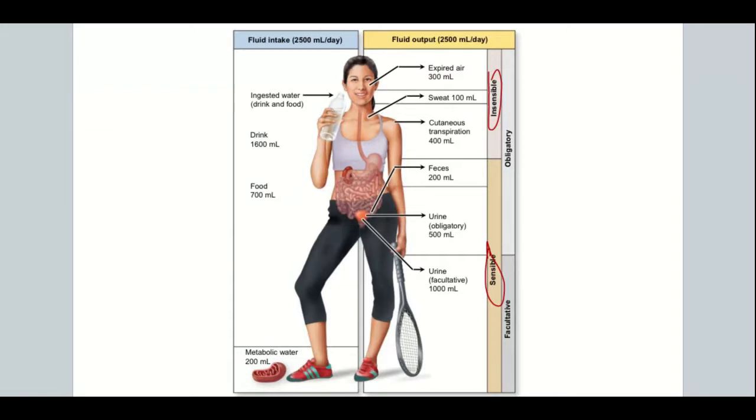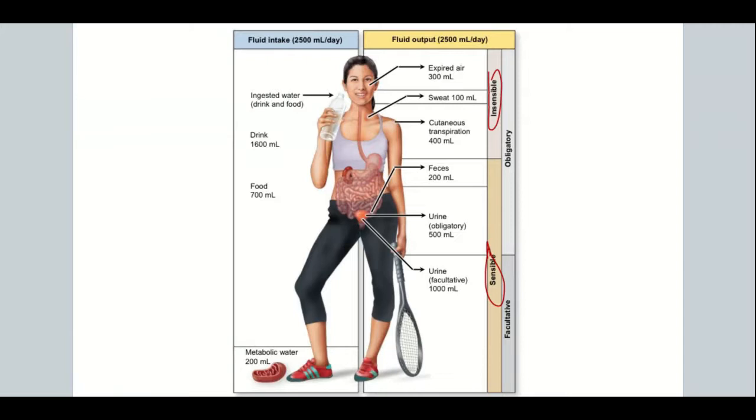If you have ever run a 5K or a 10K or anything like that, usually they will have stations that provide water as well as Gatorade. So let's say you're running a marathon or even a 10K, as you're doing this physical activity, you're losing water. Your body is losing water, but it's also losing electrolytes.